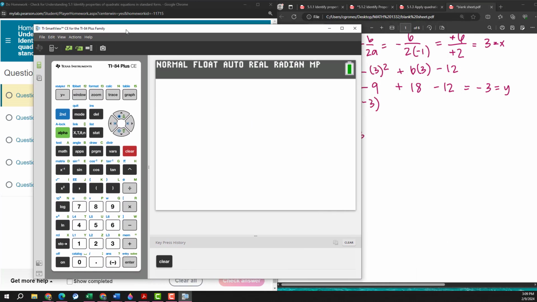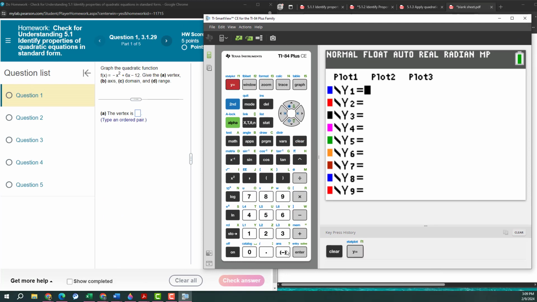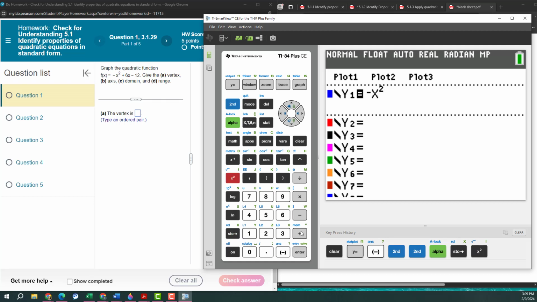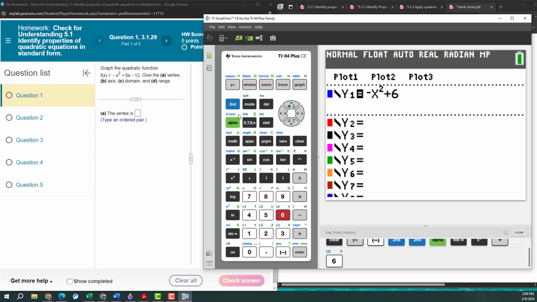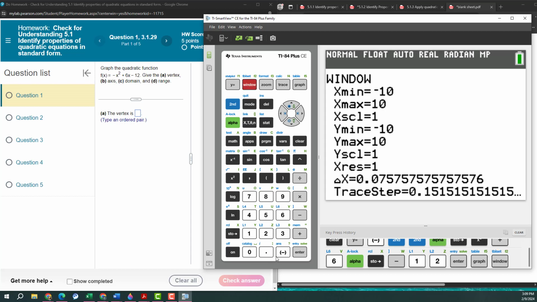All right, so I'm going to go to y equals, and I've got negative, oops, I don't want second, I want alpha x squared plus 6x minus 12. I'm going to graph. And so we can see, let me zoom out a little bit.